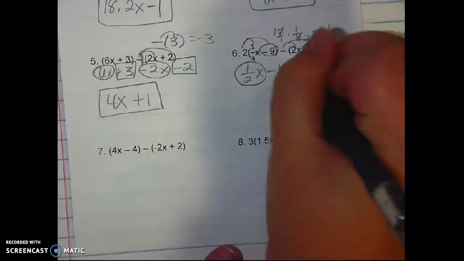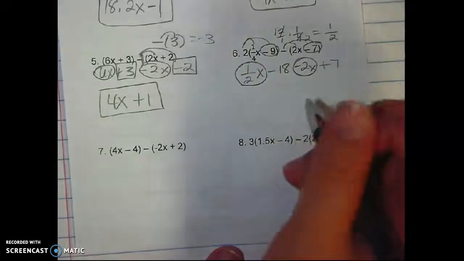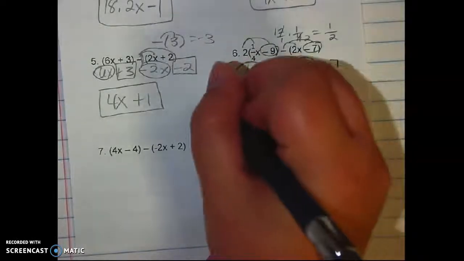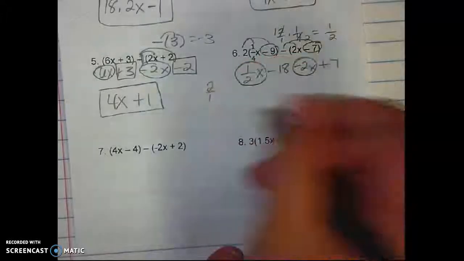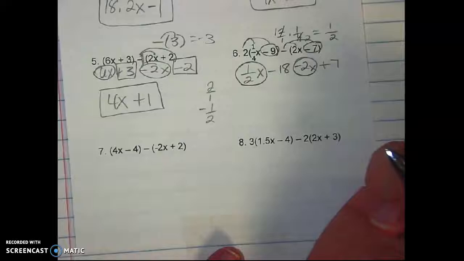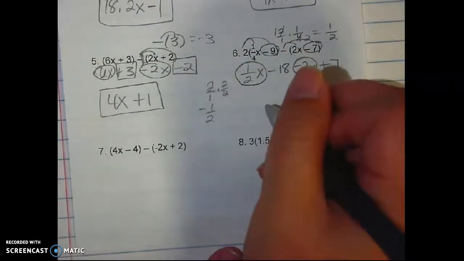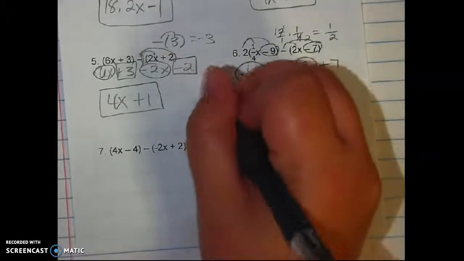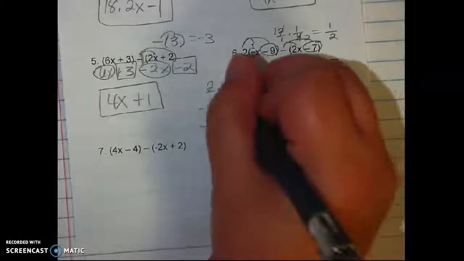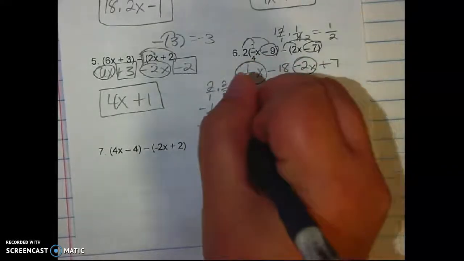1/2 x plus negative 2x. So my signs are different. That means I'm subtracting 2 over 1 minus 1 over 2. My common denominator is 2. So I'm going to multiply everything by 2 in the first fraction. 2 times 2 is 4. 1 times 2 is 2.